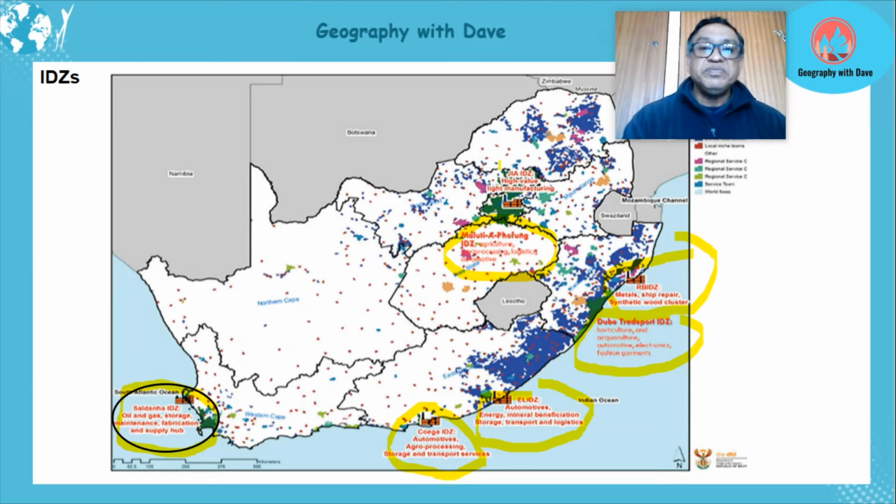Even this one, you will find that it is near major transport networks that will link it to harbors like Maputo, etc. So very, very strong areas. So these are some of your major IDZs that are found in the country and their location.